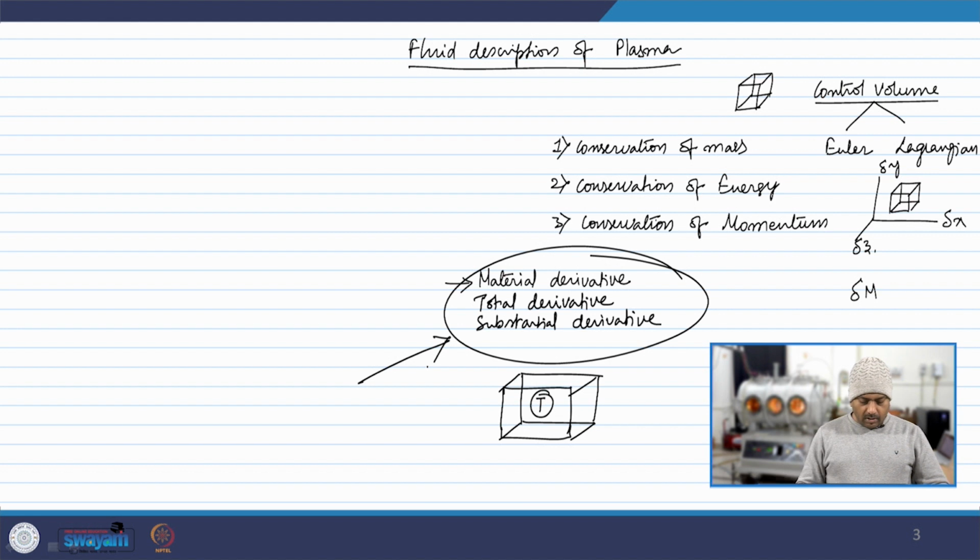Okay. So, this is basically a Lagrangian control volume, d by dt. This is called the total derivative, capital D by Dt. In order to derive this expression, let us say we define a variable called temperature. T is the temperature inside the control volume.